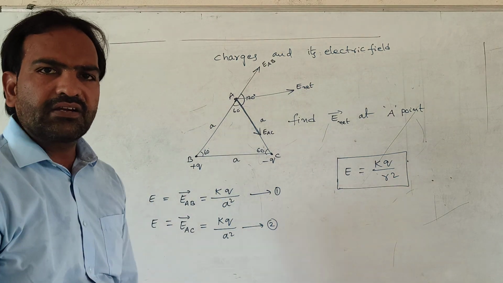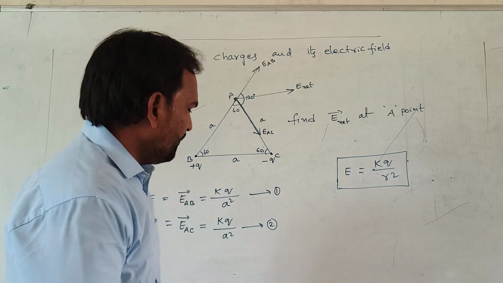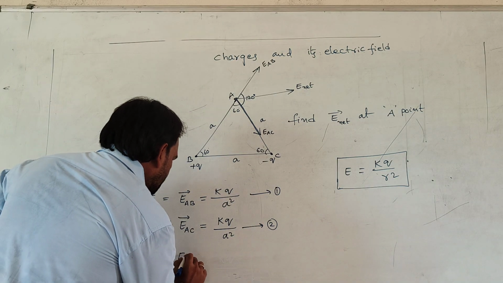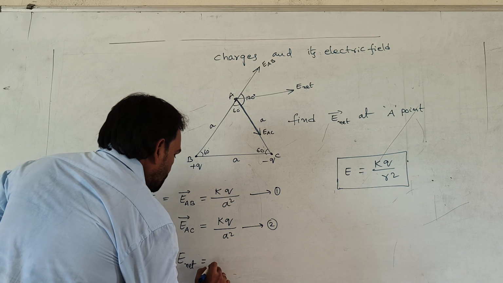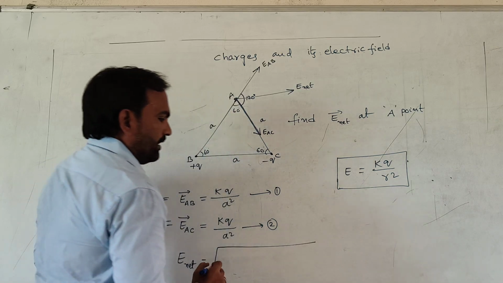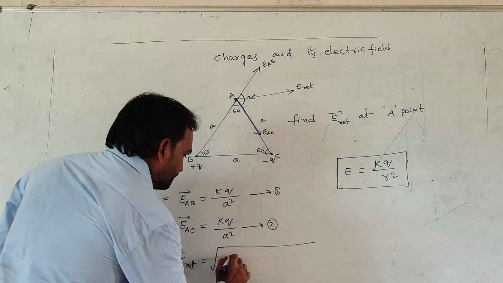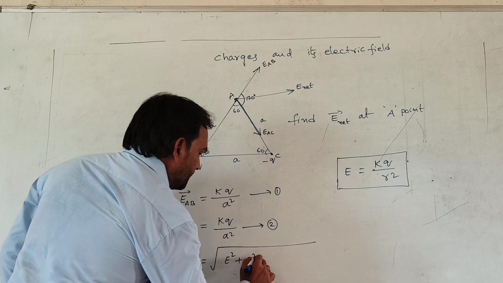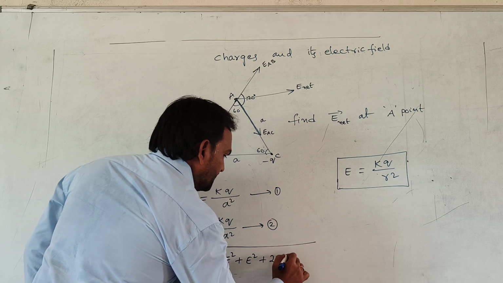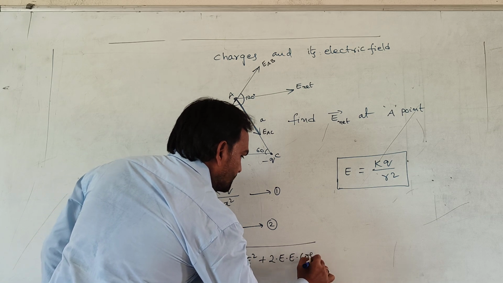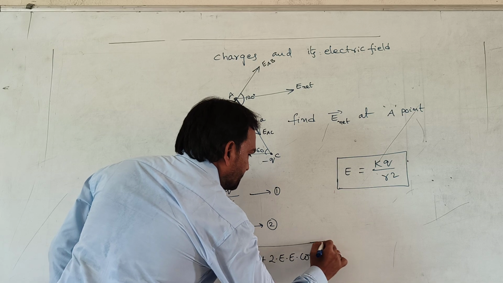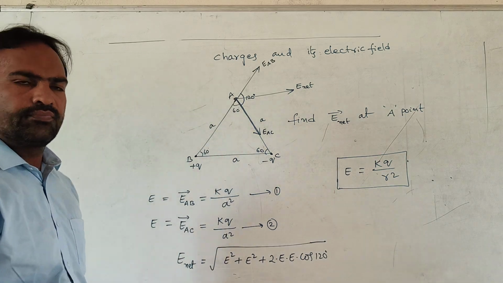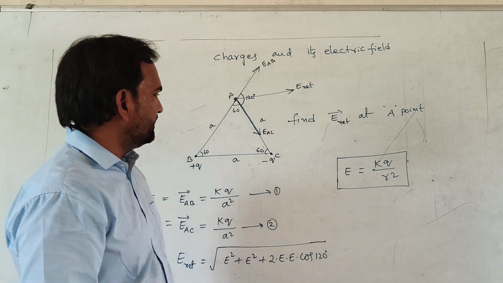E net is equal to root of E square plus E square plus 2 into E into E cos 120 degrees. This is the vector form.